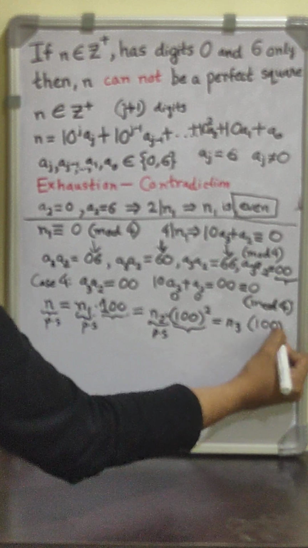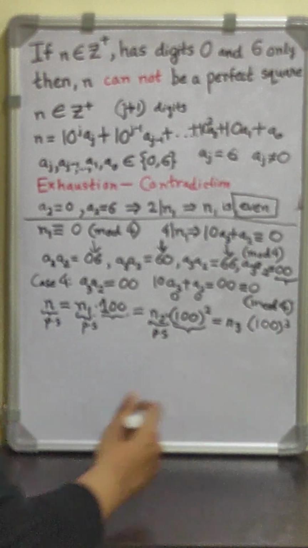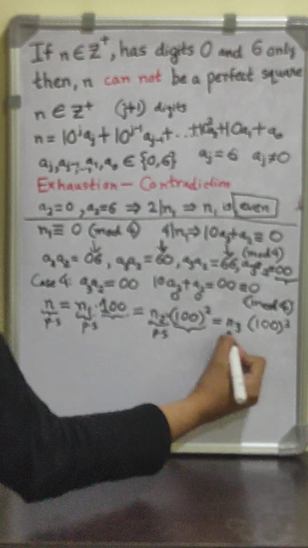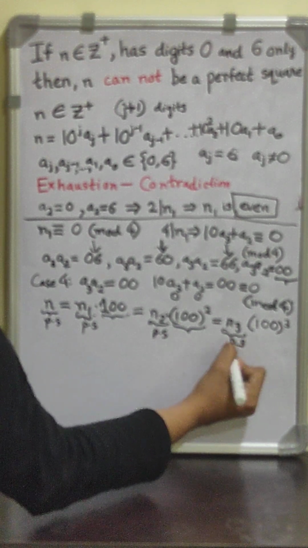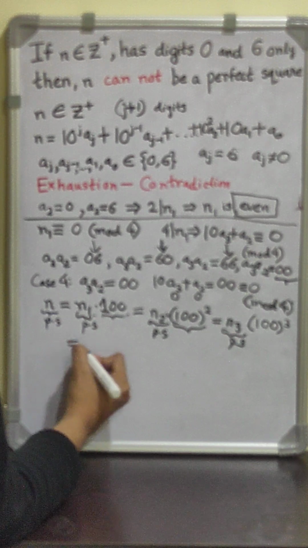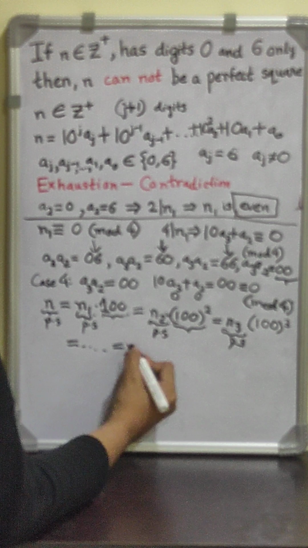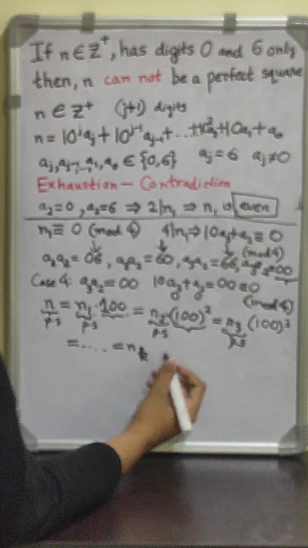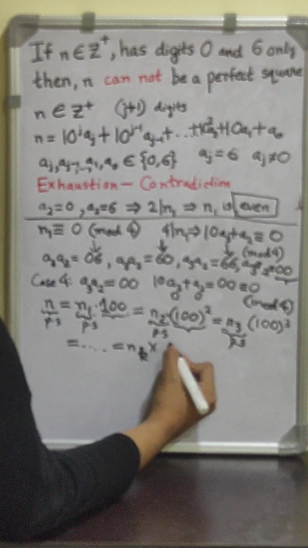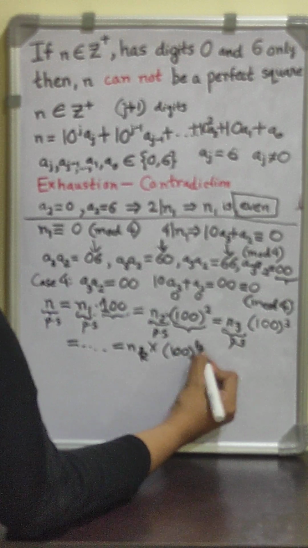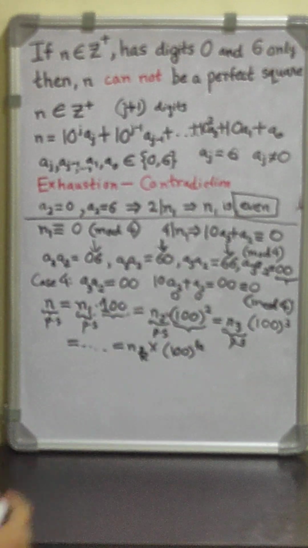So even though it looks like a cube, it is still a perfect square. So this n3 has to be a perfect square now. And I will have to keep on doing this until I have exhausted all the digits of n. Let's say nk is the number where I have exhausted all the digits of n.